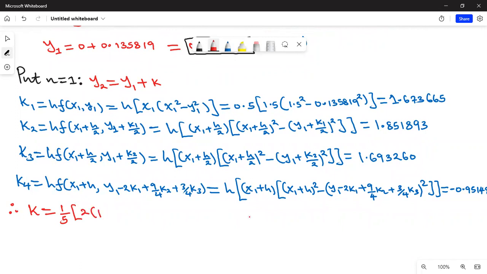K1 is 1.673665 plus k3, which we got 1.693260, plus twice k4, which we have found to be negative 0.951485.